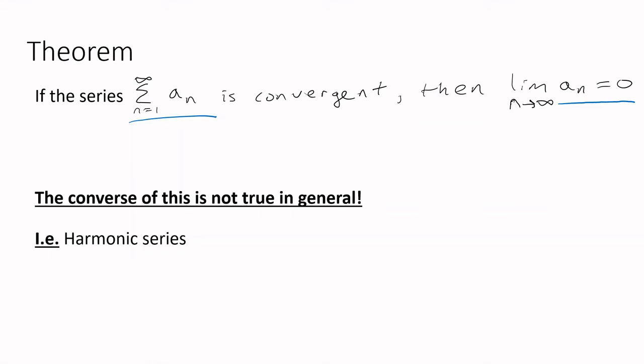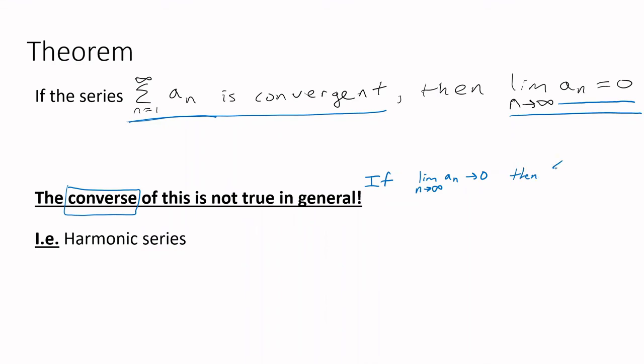All right. So first things first, the converse of this is not true. And when I say converse, I mean just take the two statements you have here. So here is a statement, here is one. Take these and flip them. What would that look like? It would look like if now the terms go to 0, right? If the terms go to 0, then the series converges. This is not true in general.